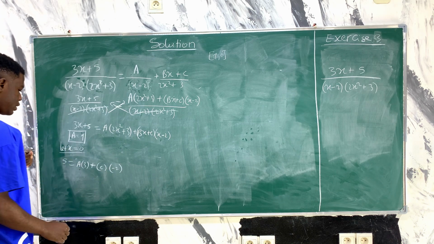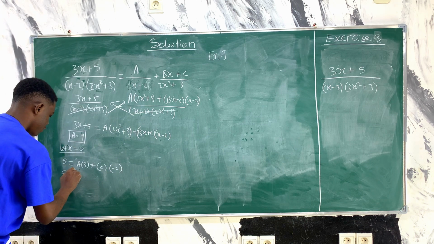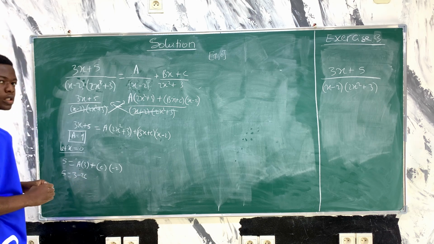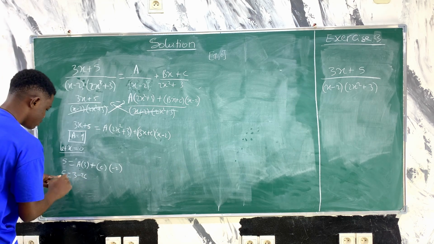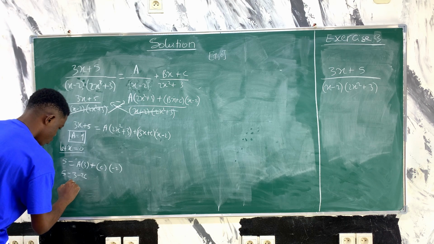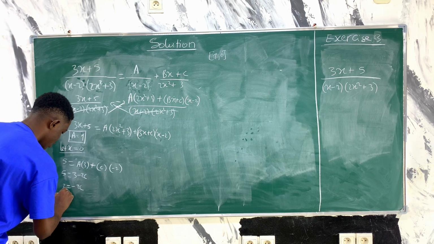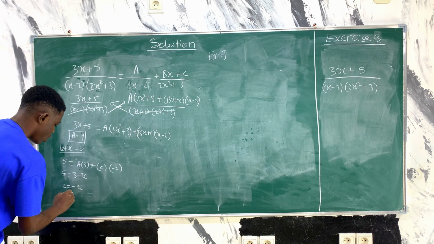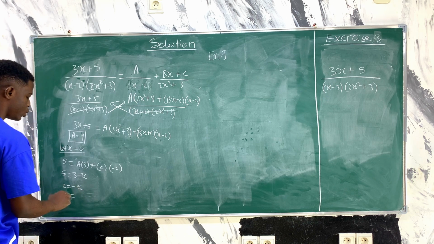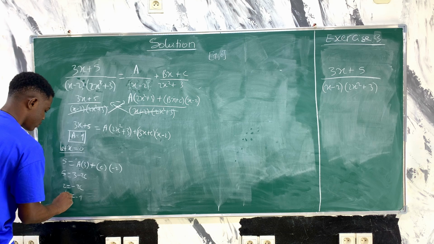I have a is 1. So I can see that 5 is equal to 3 minus 2c. When I bring this 3 there, I have 5 minus 3, which will give me 2 is equal to minus 2c. Which implies when I divide all through by minus 2, I have c as minus 1.